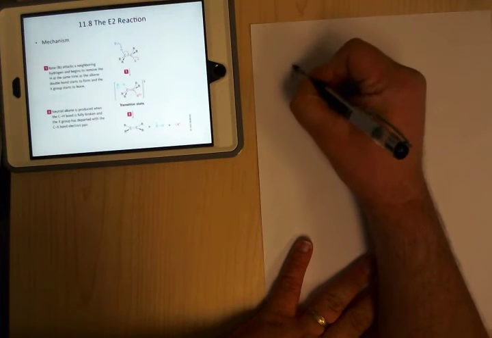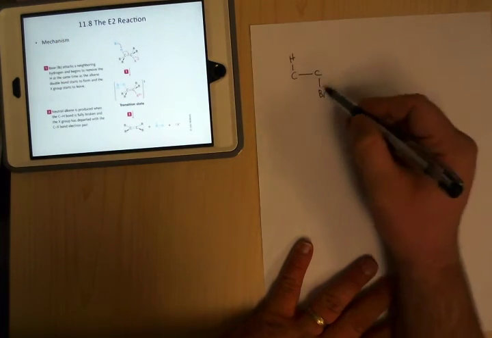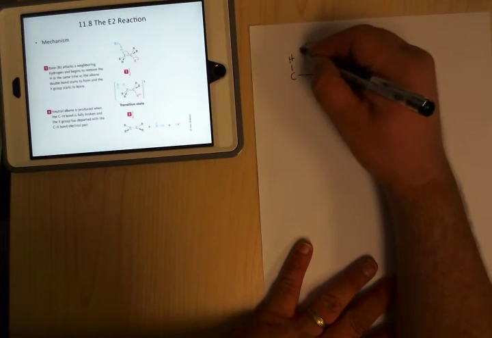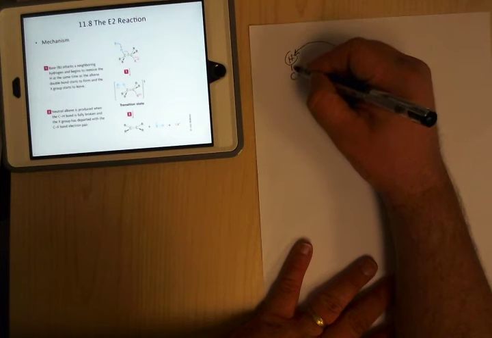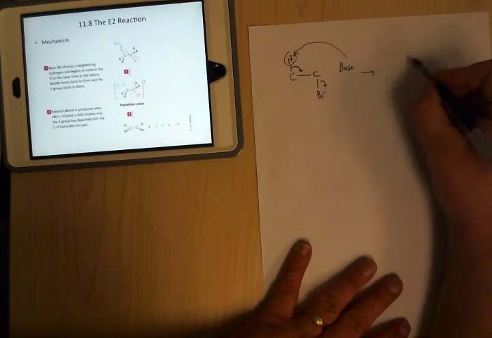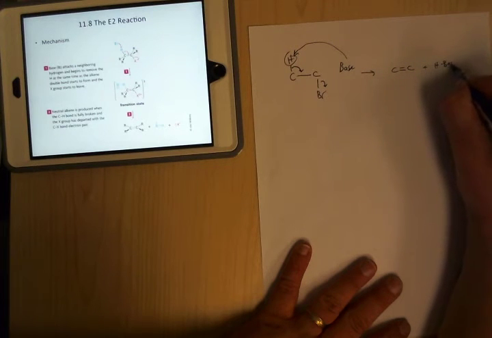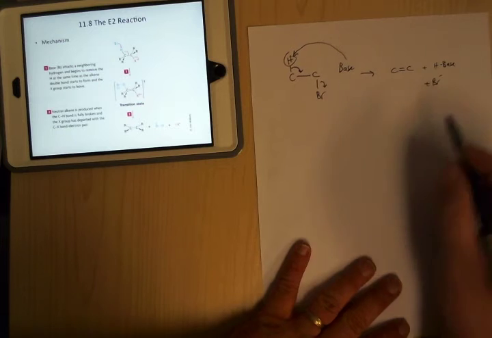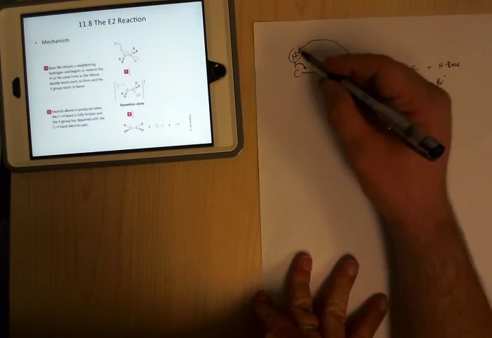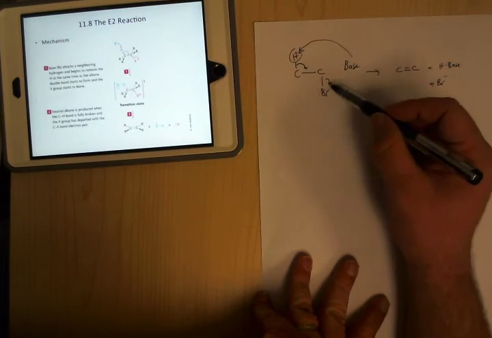The classic way to write this is, if you have a bromine here and your base here, the base has to attack here, these electrons fall here and this comes away, and you're left with the alkene, plus your H base, plus Br minus. If there isn't a hydrogen 180 degrees from the leaving group, this isn't going to happen.